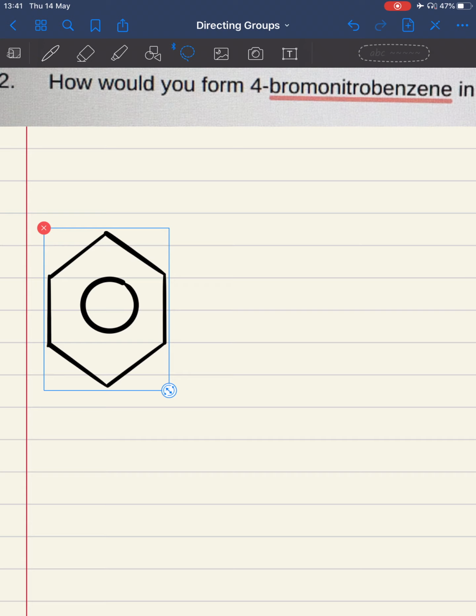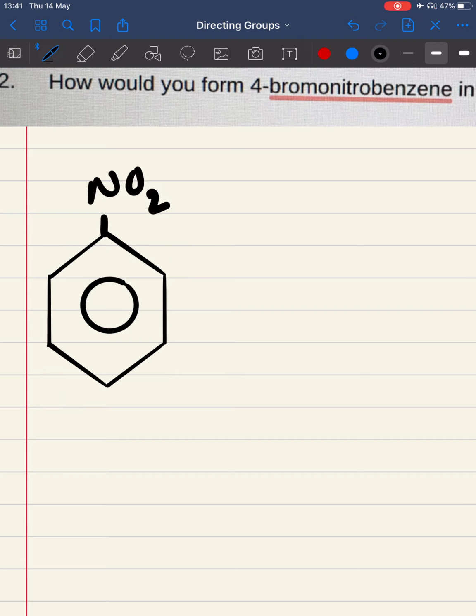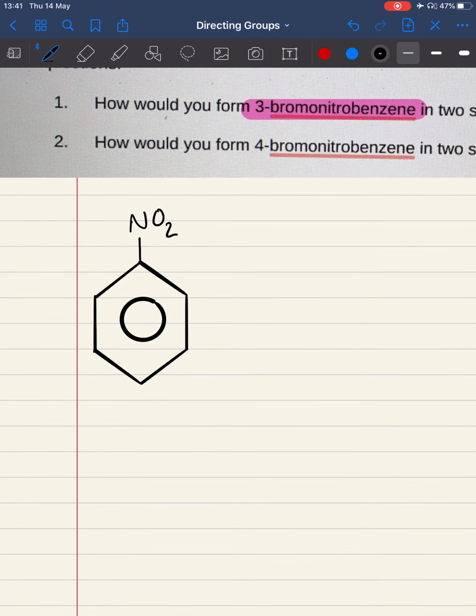3-bromo-nitrobenzene. So we're going to draw on the NO2 group first. Actually, that's really messy. Let's just get rid of that. NO2. And 3-bromo.